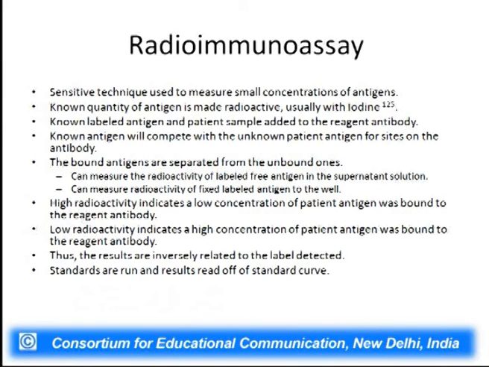How? As it leaves the antibody, we can keep on measuring the amount of radioactivity which has become unbound, because you have already saturated the antibody with the known antigen. So as the known antigen moves away, we can measure the radioactivity and make an assessment of how many antigens competed, and the unknown got bound and the labeled one was released.